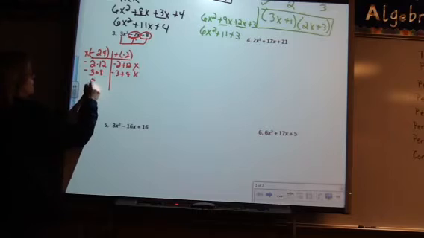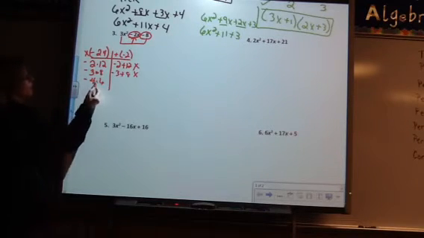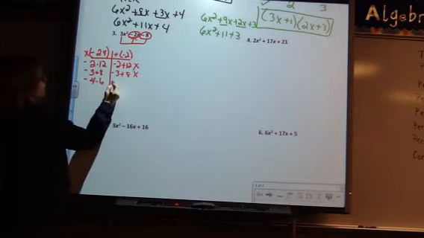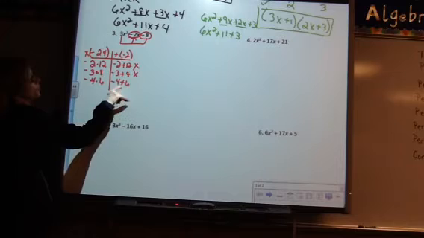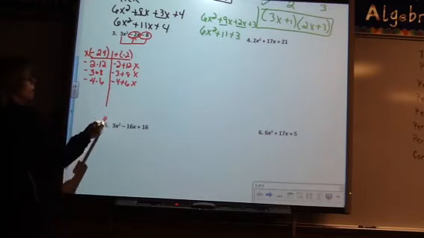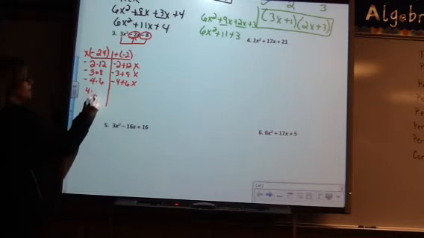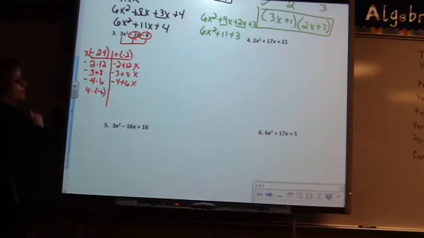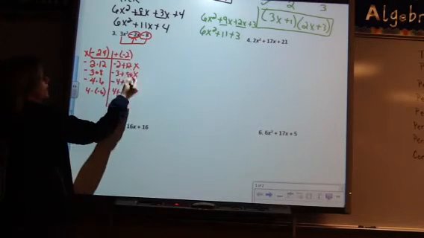Okay? 4 times 6, let's put a negative on that 4. Negative 4 times 6 is a negative 24. Negative 4 plus 6 gives me a positive 2. That's not what I need. I need a negative 2. So I have my right factors here, but I need to change the 6 to the negative. 4 times a negative 6 is a negative 24. 4 plus a negative 6 gives me a negative 2.